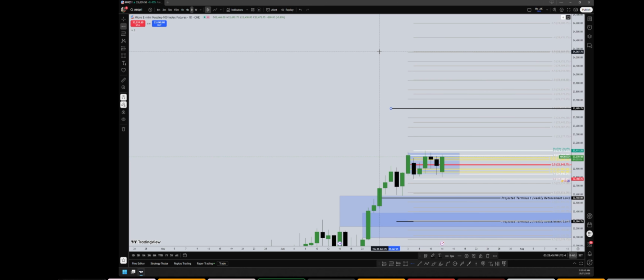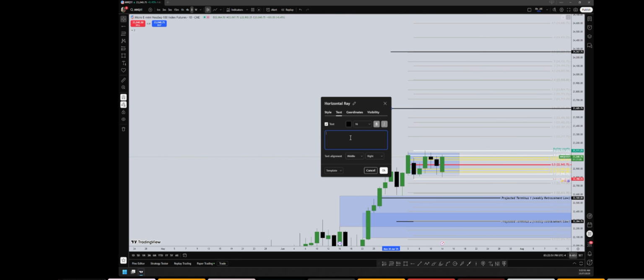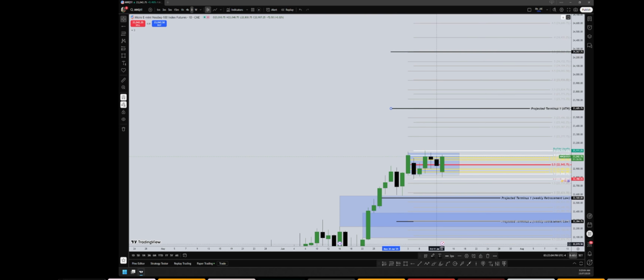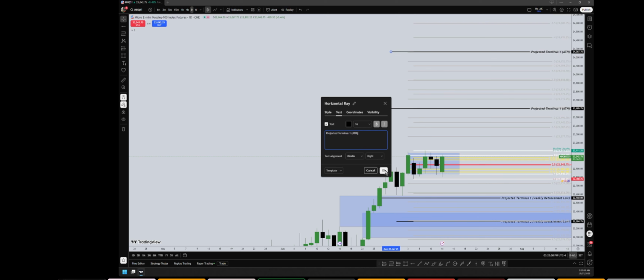I'm not gonna mark these. I'm gonna mark this one because of the similar projection I had from an old projected terminus. This is less important. This one is more important.